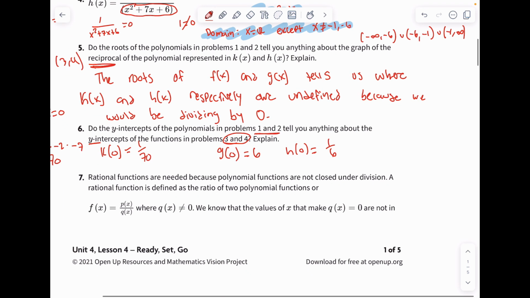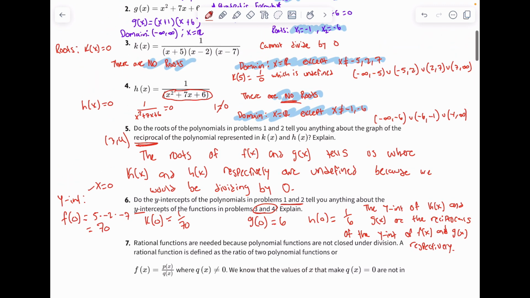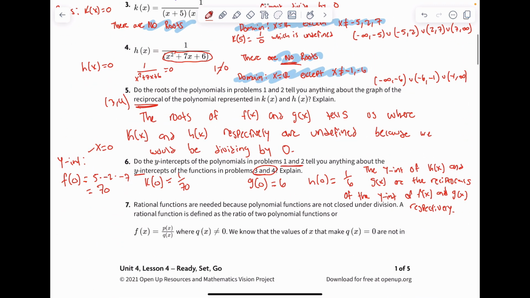The y-intercepts of k of x and h of x are the reciprocals of the y-intercepts of f of x and g of x respectively. That's a really interesting concept, which is nice to know.